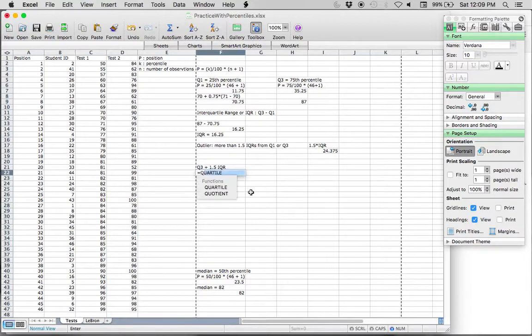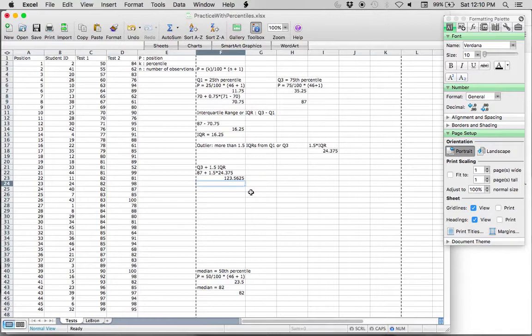Q3 is 87, right? So 87 plus 1.5 times 24.375. We'll have Excel do this for us. And we get 123.5625.